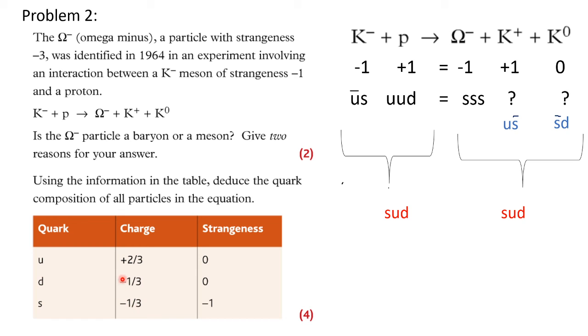So what should the total charge be? It must be 0, so it must be cancelled out. So it must be S bar. S bar is plus 1 over 3, and plus 1 over 3 with minus 1 over 3 becomes 0. So you can decide like that, and confirm your composition with the information provided.